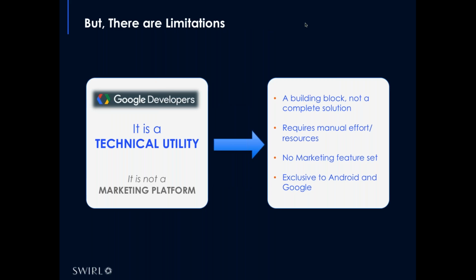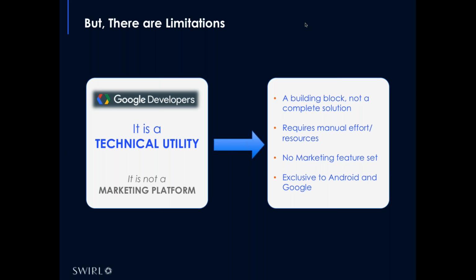But one of the things that's really important to know about this entire Google Nearby capability and ecosystem is that there are a number of limitations that you have to be aware of. So this is certainly not a silver bullet or entire solution for retailers for their entire location marketing strategy.